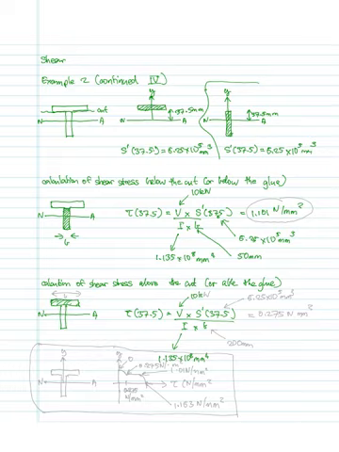Our V is also 10 kilonewtons. Our S dash doesn't change, that's 6.25 times 10 to the 5 millimeters cubed. And our B in this case, we'll be using that value of B, and that value is 200 millimeters.